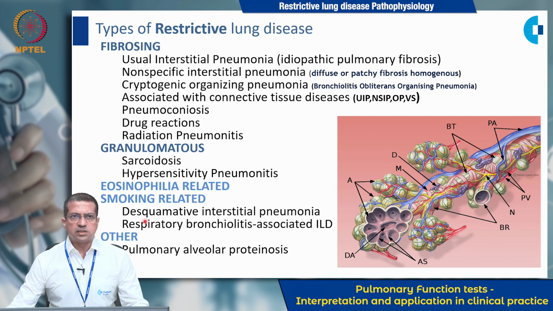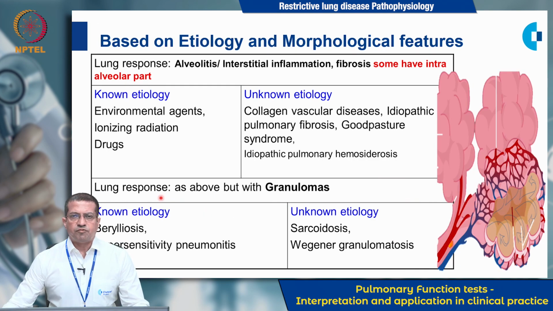And these three things, the eosinophilia, smoking related and all, are the cells which will occupy the alveolar space and the bronchial space. Coming to the fibrosing and the granulomatous lung disease, each of them is subtyped based on the source of the inhalant. It will be categorized as known etiology and unknown etiology.